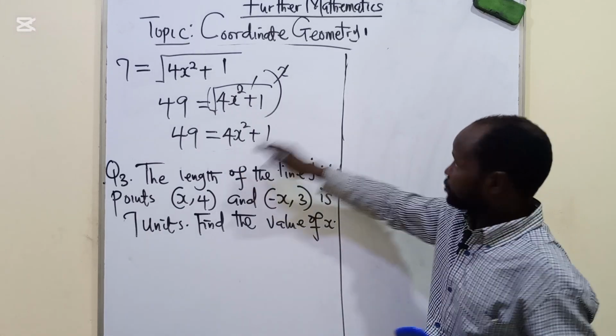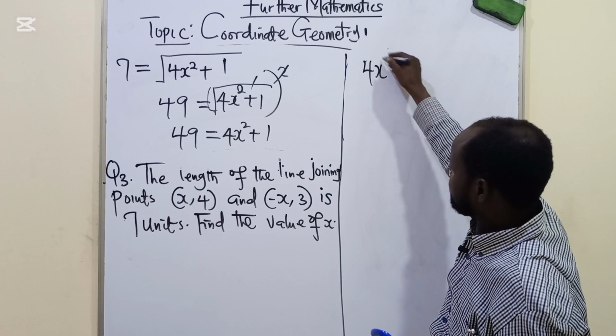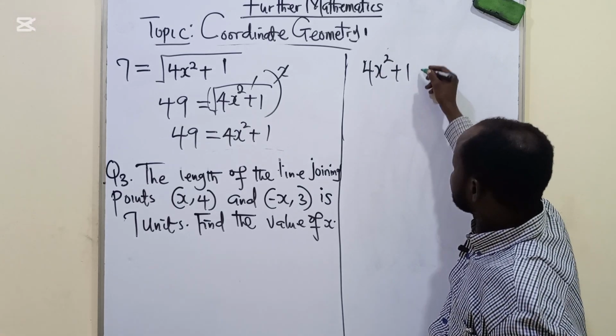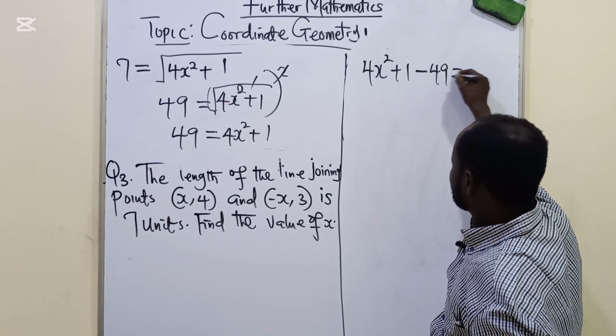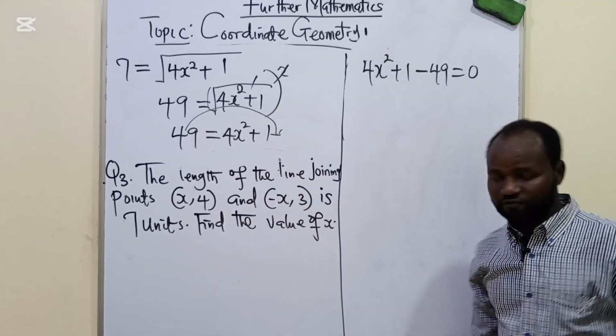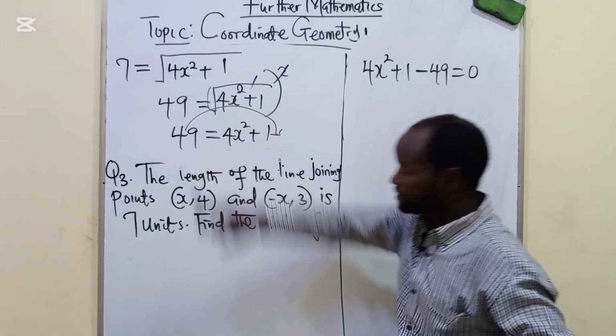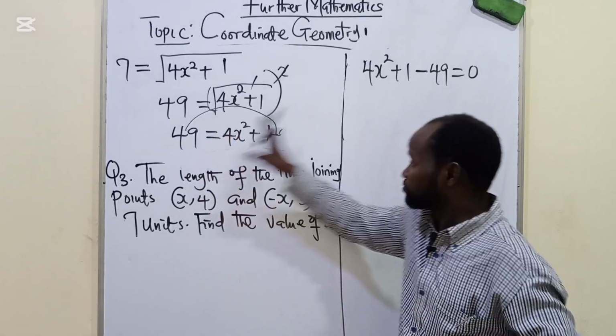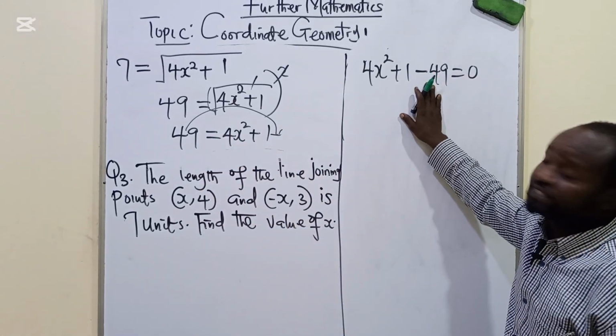This is a quadratic equation. Let's rearrange it. It will be 4x squared plus 1 minus 49 equals 0. It means we bring this 49 to this side. It's positive 49, crossing the equal sign, it will change to negative 49.